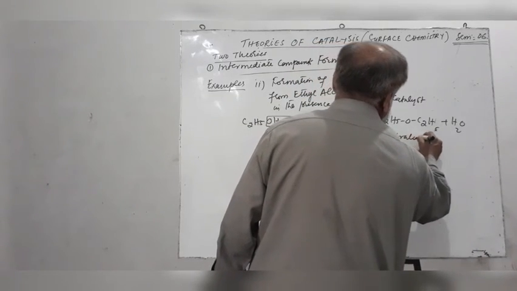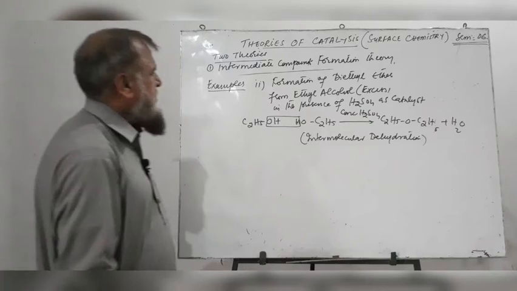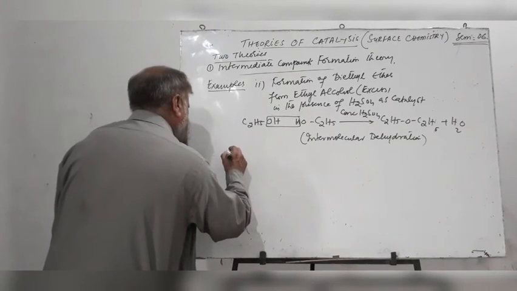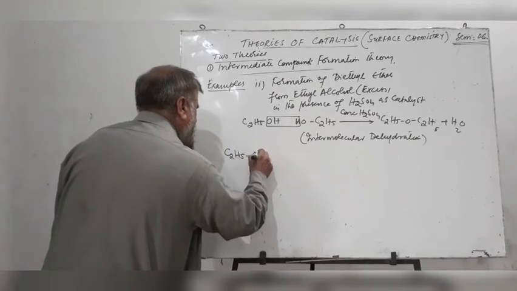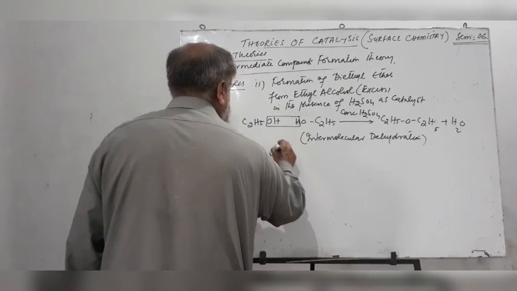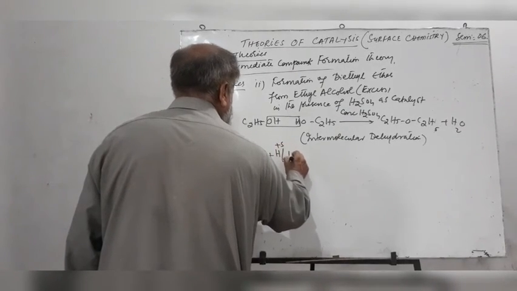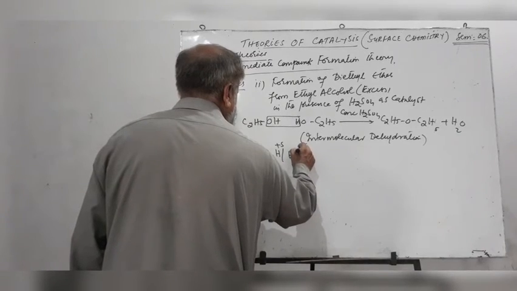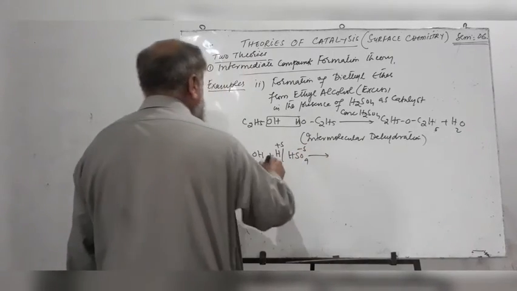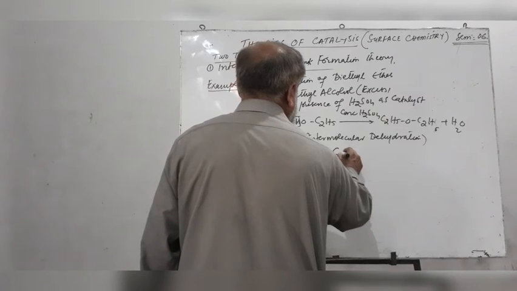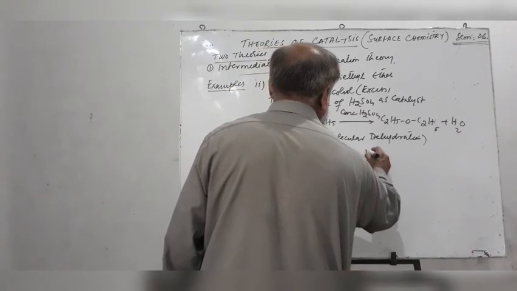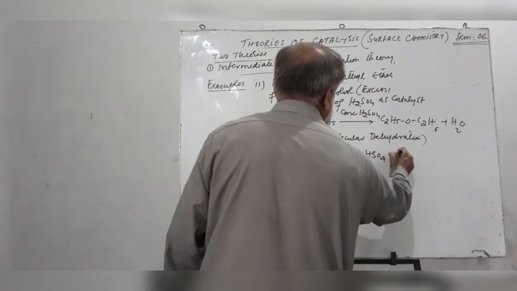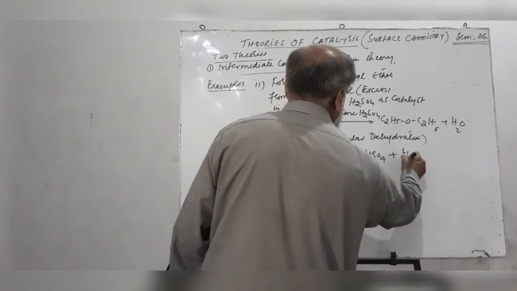Now, according to theory of intermediate compound formation, the first molecule of ethyl alcohol reacts with sulfuric acid and produces ethyl hydrogen sulfate, C2H5HSO4, plus H2O.